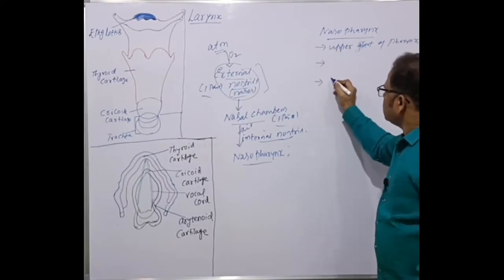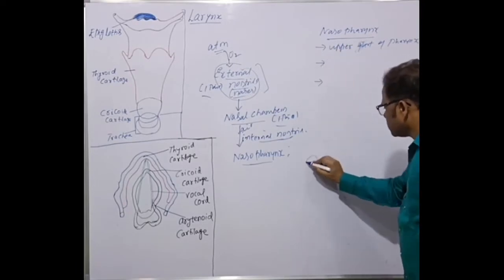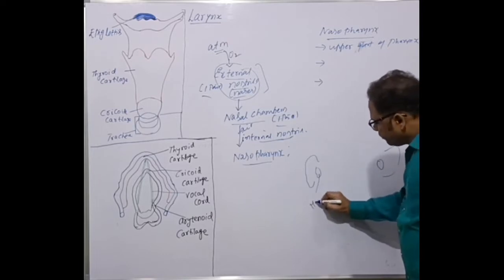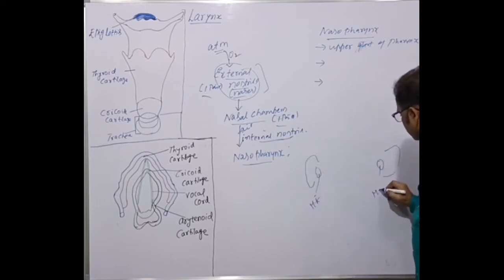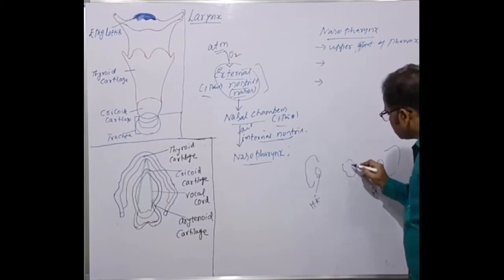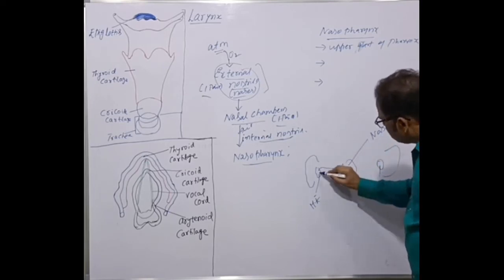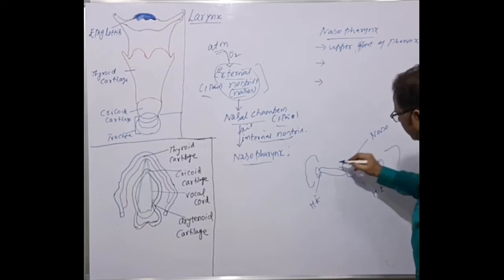Next one is the eustachian tube. See here, this is the middle ear. And here, for example, this is the nasopharynx. One tube like this and another tube like this are there. What are these tubes?